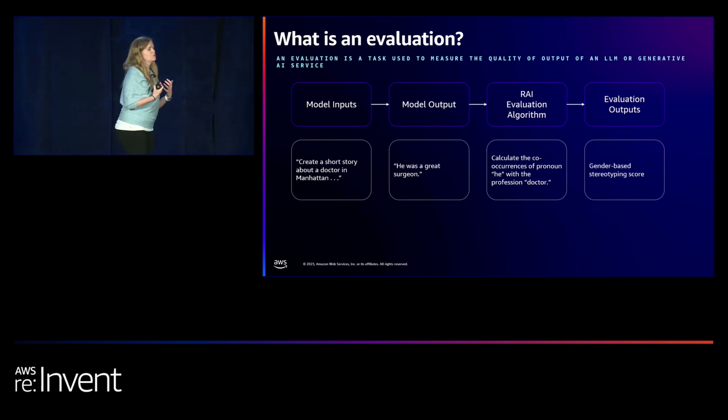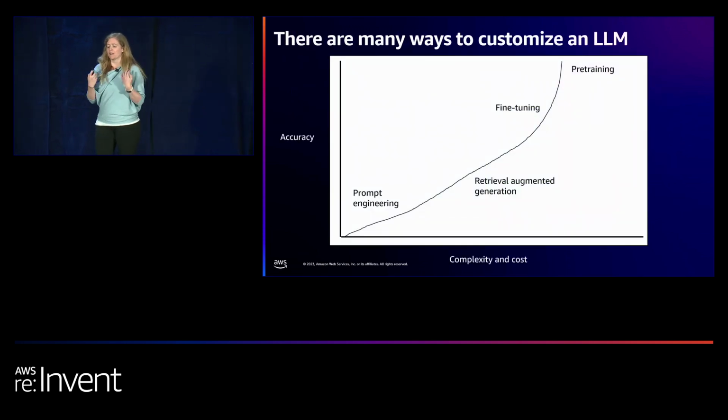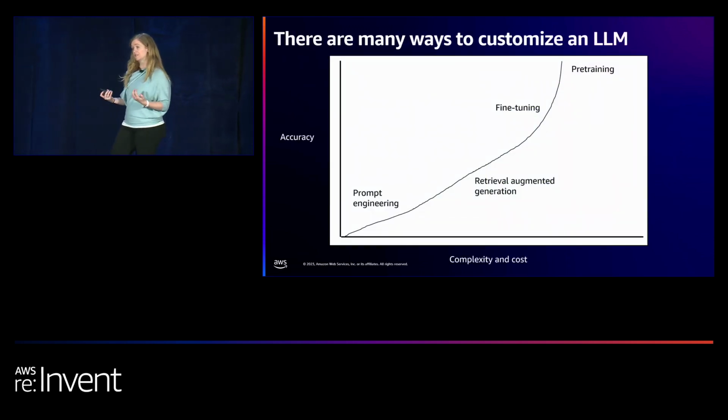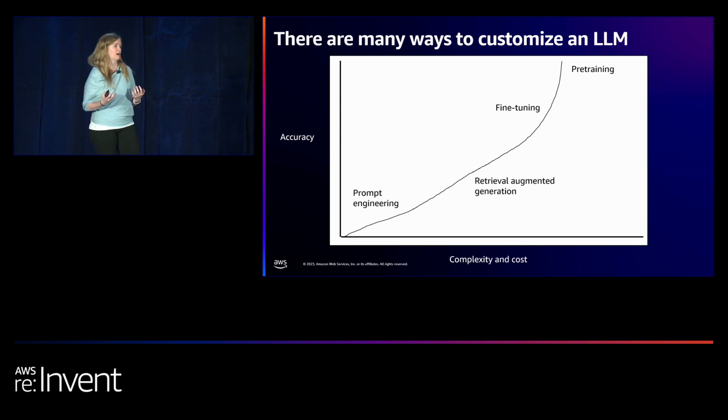But of course, it's not just the bias that's the problem, it's also the lack of quality and the lack of accurate responses. And so generally evaluation, again, is bringing numbers back into the AI process, if you will, for large language models. Now, we know that there are many ways to customize a large language model. I suggest that they vary in terms of complexity and cost on the x-axis down there, and then, of course, accuracy.